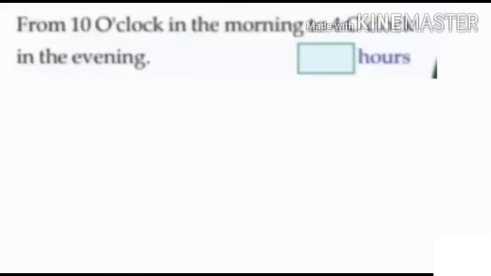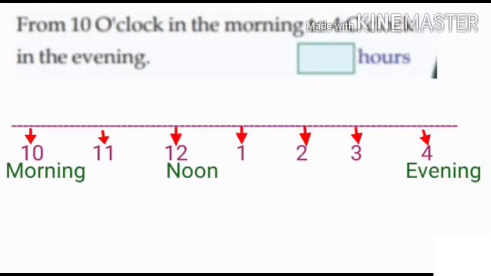Next we have to find out how many hours are there from 10 o'clock in the morning to 4 o'clock in the evening. Let's start at 10 o'clock morning. Listen children, from 10 o'clock in the morning to 11 o'clock, 1 hour.